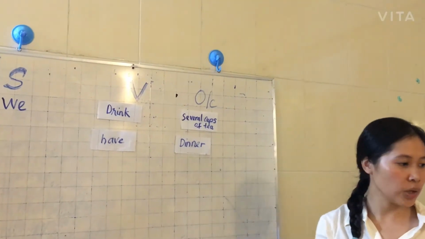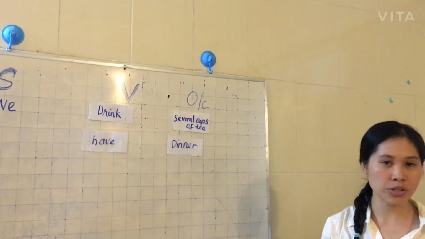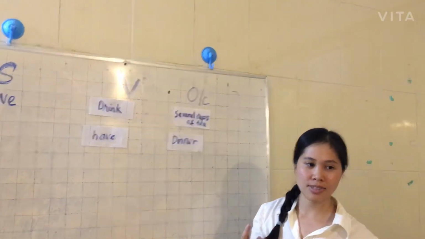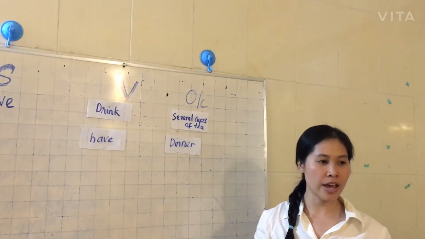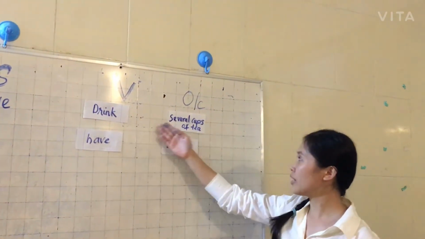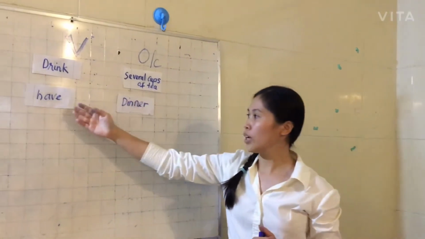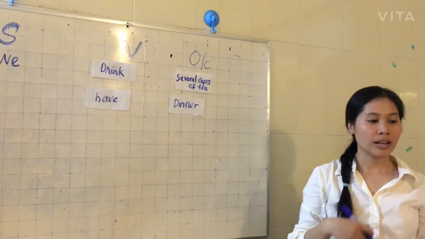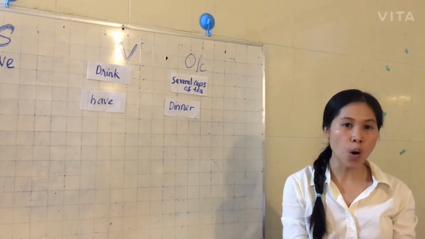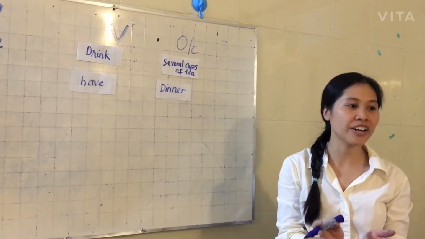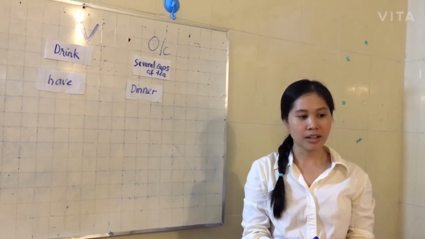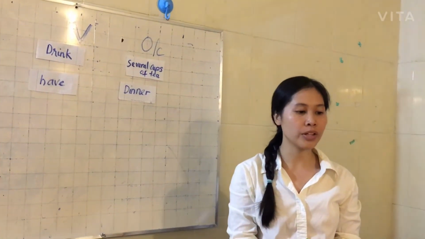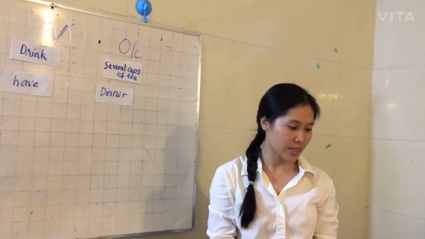Okay, that is one kind of structure. So we just tell about their routines, that they drink several cups of tea. We have dinner. And now I want to add more to modify and clarify the time of the activity that the people in the reading do.